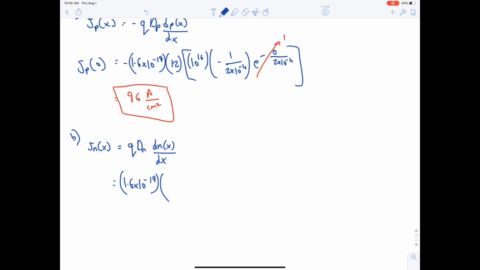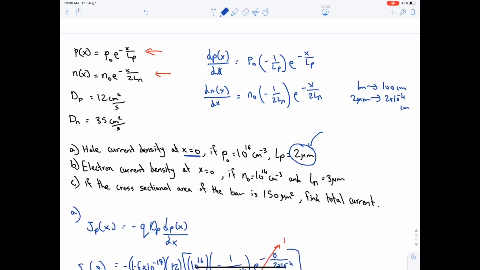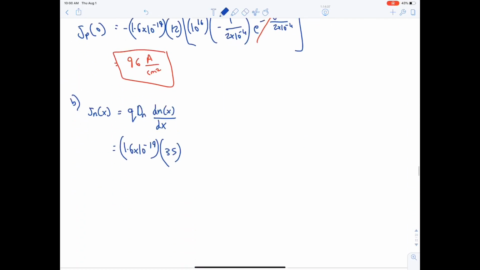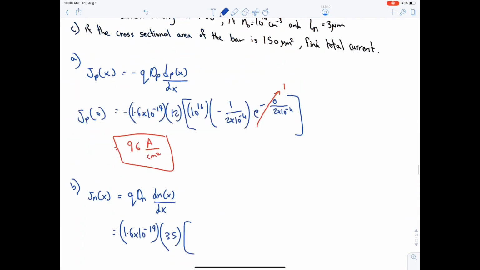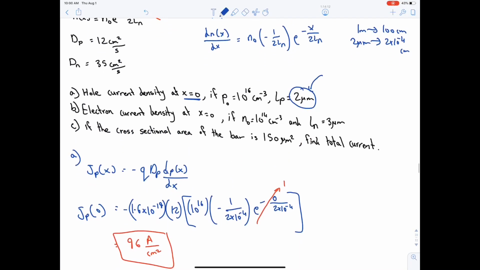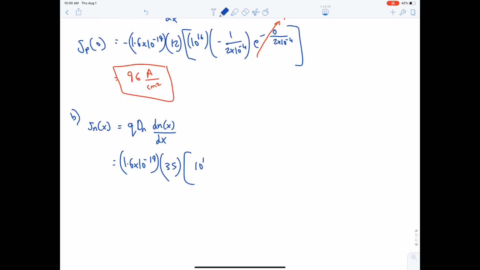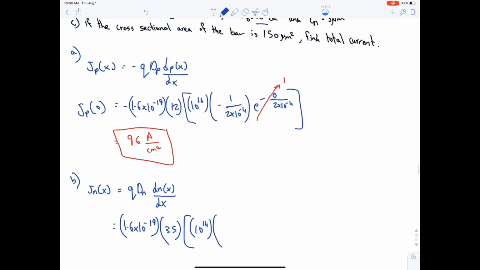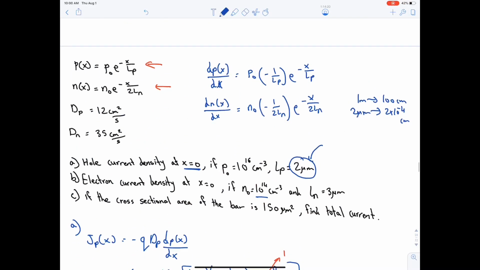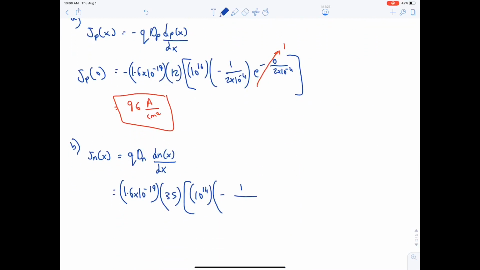Dn is 35. Derivative of n is n naught, which is 10 to the power of 14, multiplied by minus 1 over Ln.